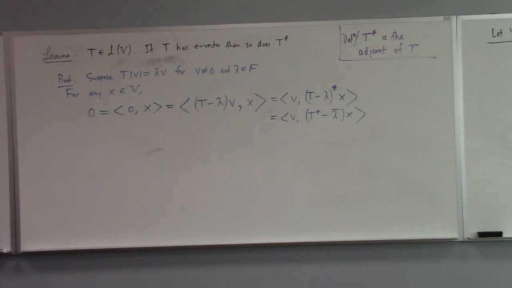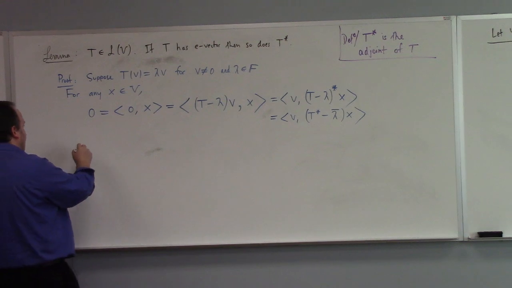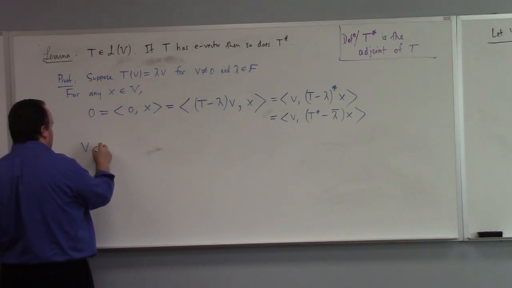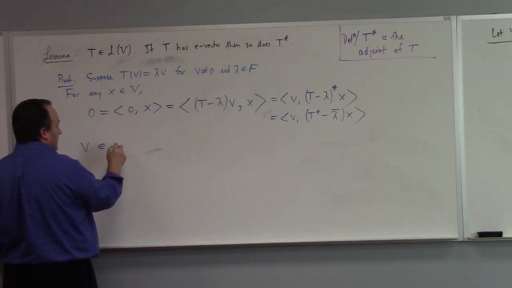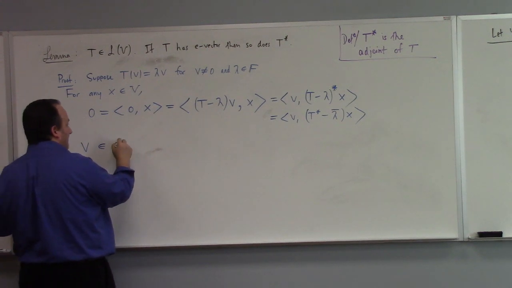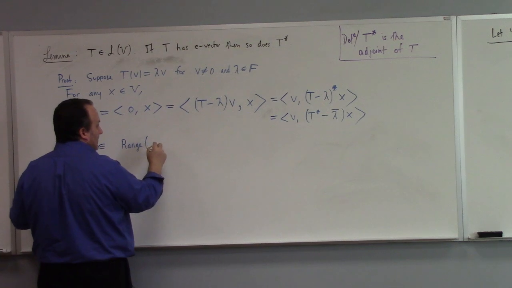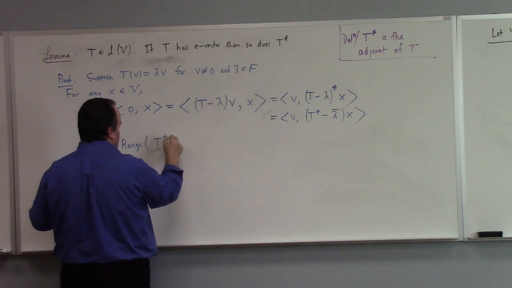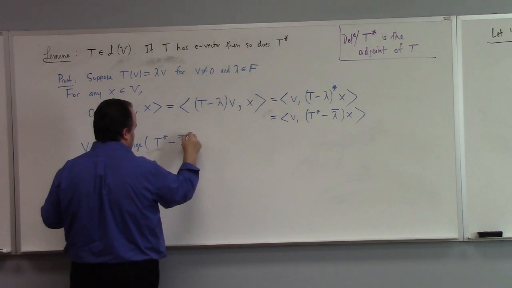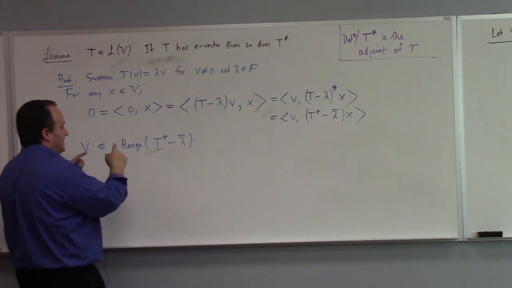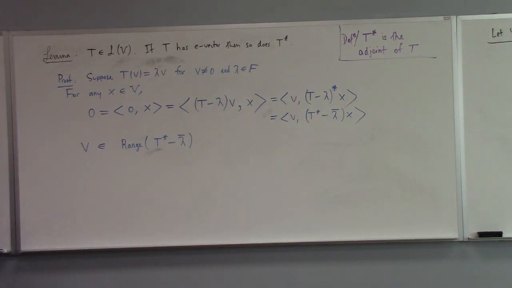And so what do we have? It says V is in the perp. So if we look at the range of the adjoint minus lambda conjugate, that is a subspace of V, the big V, the whole vector space.